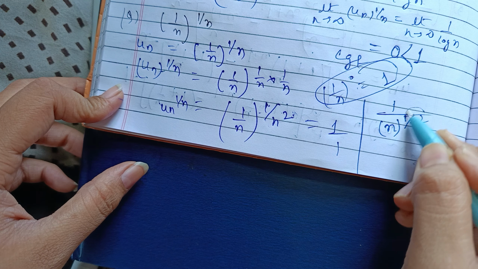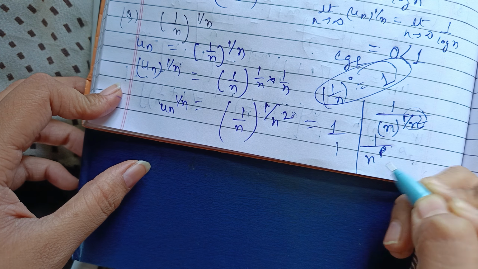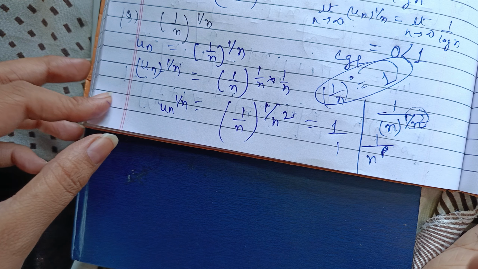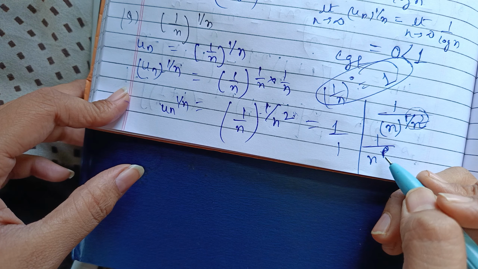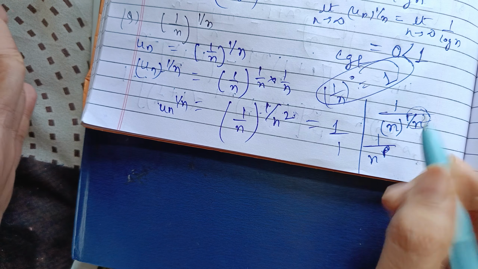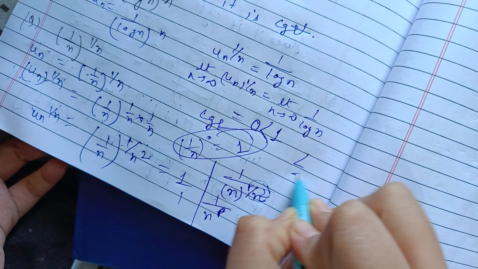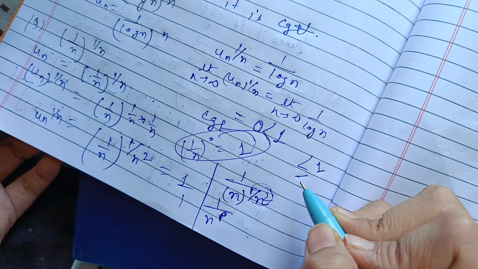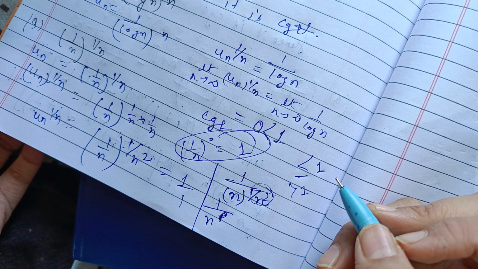If you consider this as p, 1 upon n to the power p, now if this p is less than or equal to 1, then this will be divergent, and if it is greater than 1, then this will be convergent, right?